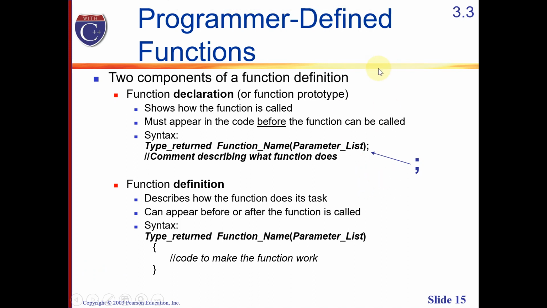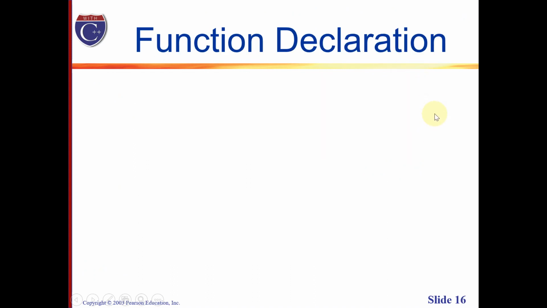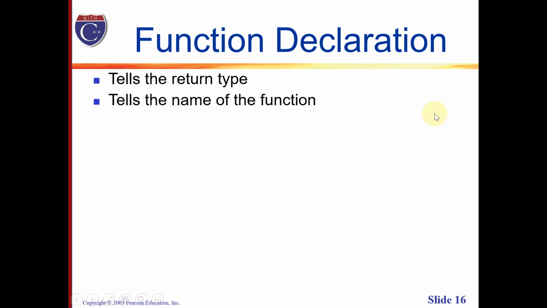Let's talk about the function declaration in more detail. As you have seen in our example, the syntax shows us what the function should return as well as the data type. And of course, the function declaration also tells the name of the function.